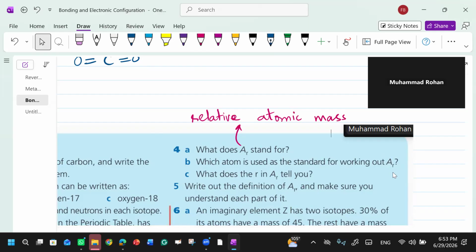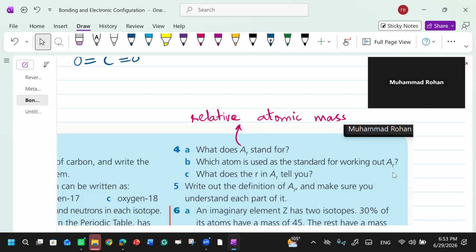Carbon? Yes, definitely it is carbon. Why are you confused? I thought it was also oxygen. No, no, no. You will always compare with carbon-12.